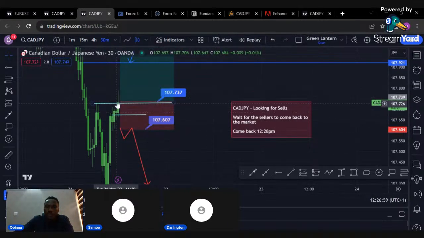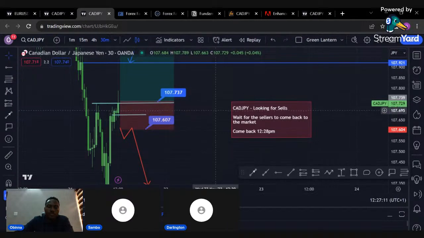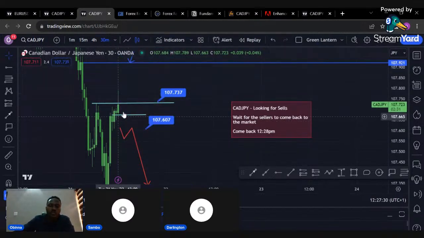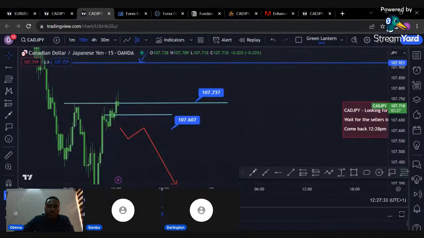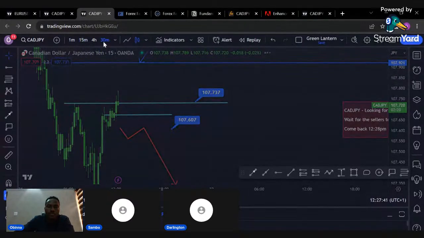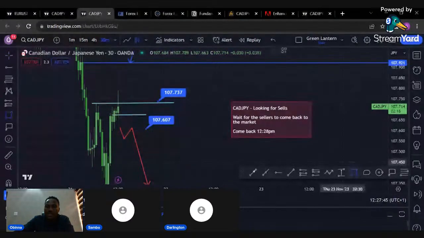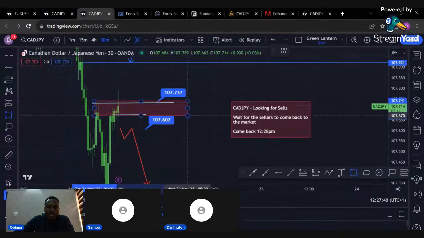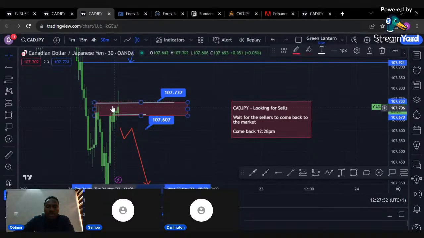So I want this candle to close so that I know what I'm doing. As long as price is inside this place, I'm not comfortable taking any trade inside this place.